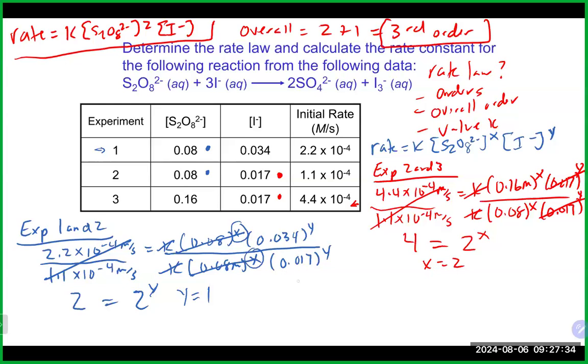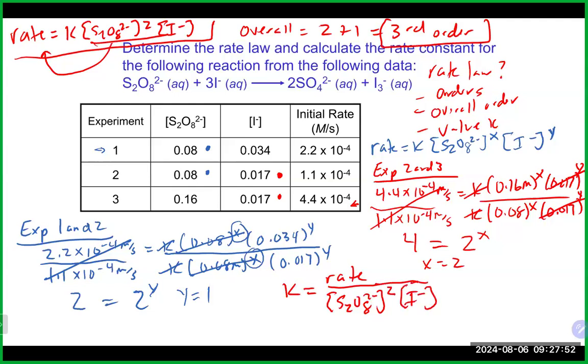Now we can solve for K because we have the orders. So, excuse me, K in this case, rearranging this, we're going to take all these guys to the other side, is going to give us the rate divided by S2O8 2 minus, once again, we do need to square it, times our I minus. And again, at this point, we could choose any entry in the table to find this.